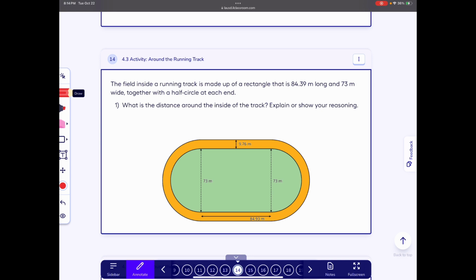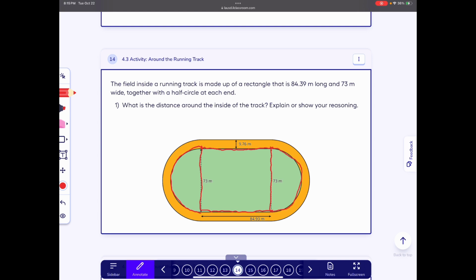So I could show you that, but here's our rectangle. And it says we're using the distance around the inside of the field. So the green part, there's our rectangle, and then here are our half circles. There's a half circle.